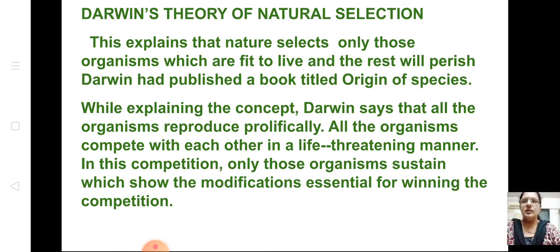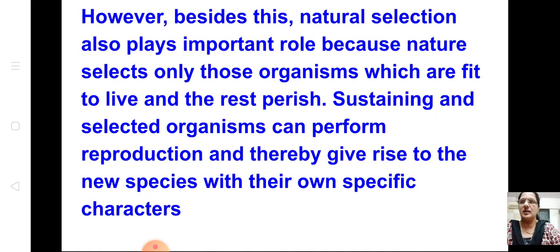In a life threatening manner, all will compete to survive. In this competition, only those organisms sustained will show the modification essential for winning the competition. So those who are capable of surviving will survive, others will not survive. That is Darwin's theory of natural selection.